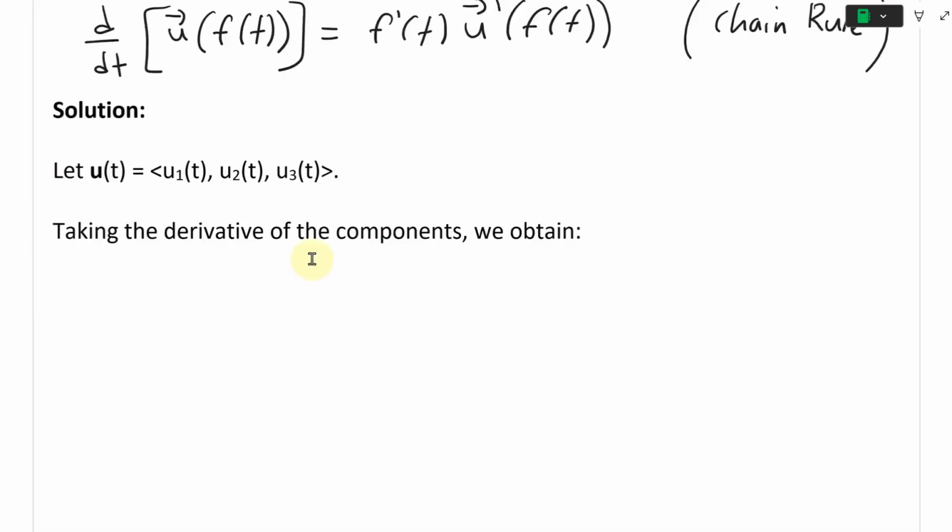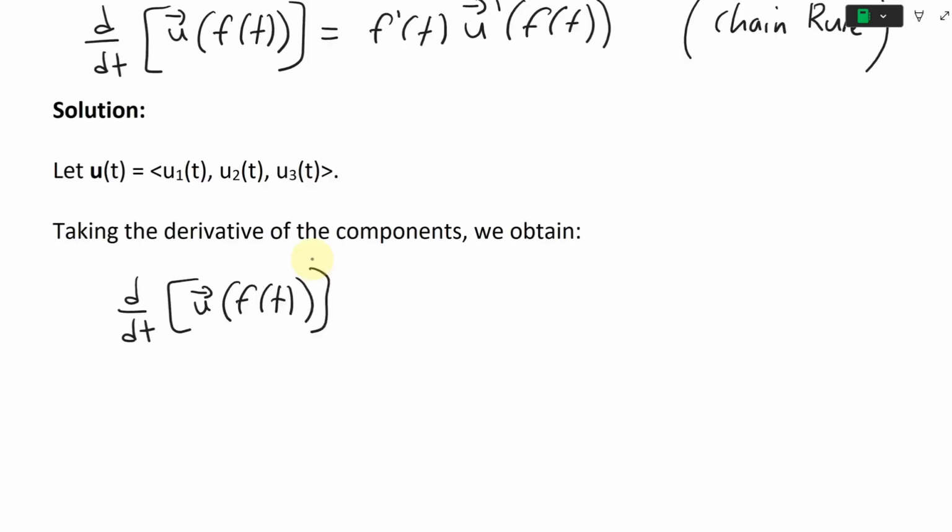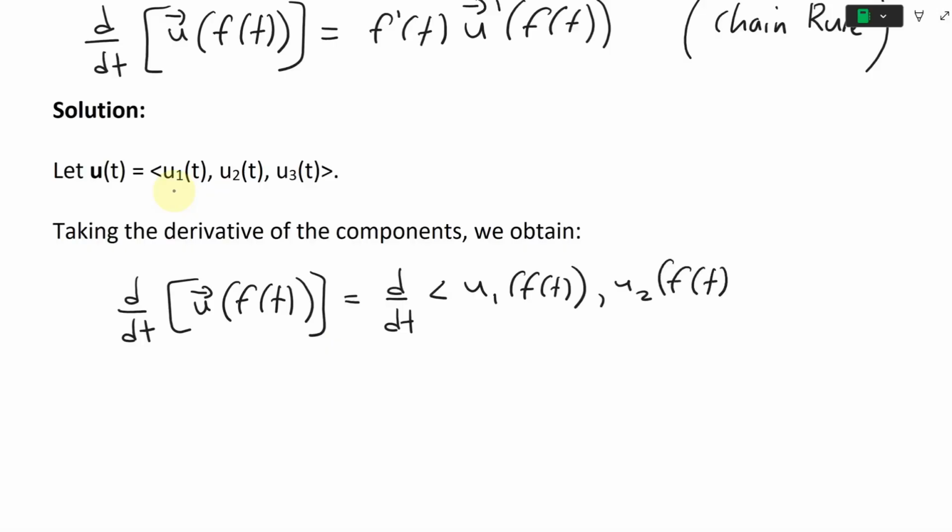And then taking the derivative of the components, we obtain d over dt of u of f of t, which equals d over dt of the vector with components u1 of f of t, u2 of f of t, and u3 of f of t.